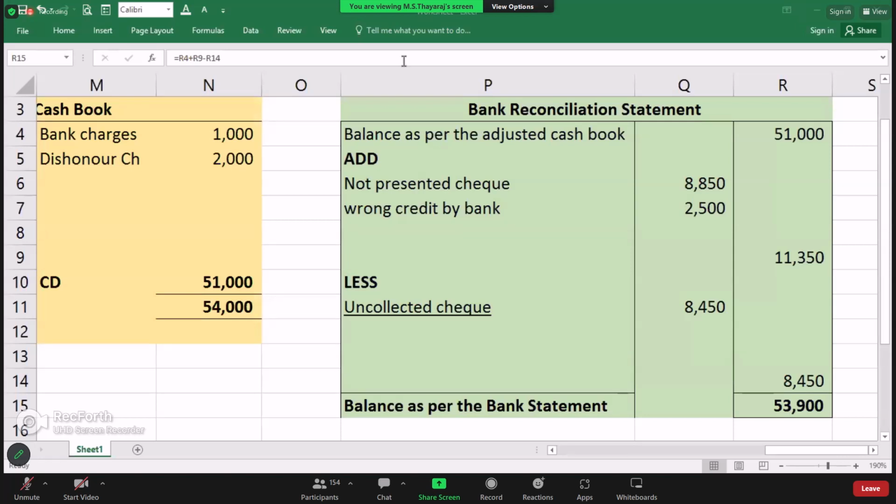Okay, any doubt you can ask. Otherwise, I will ask questions randomly. MS36, are you online?